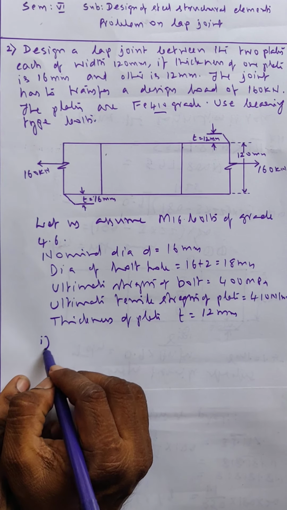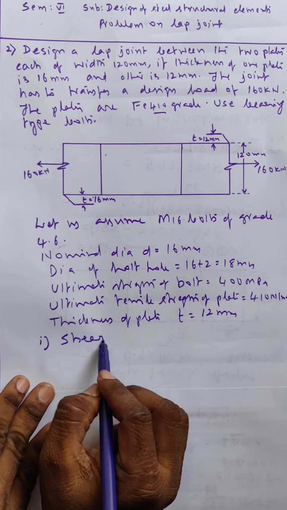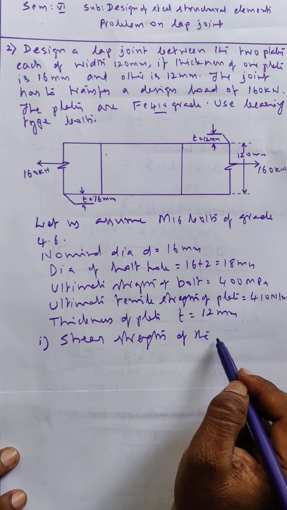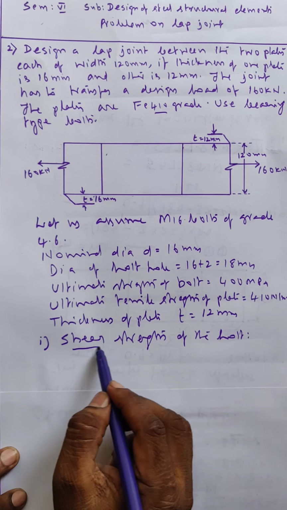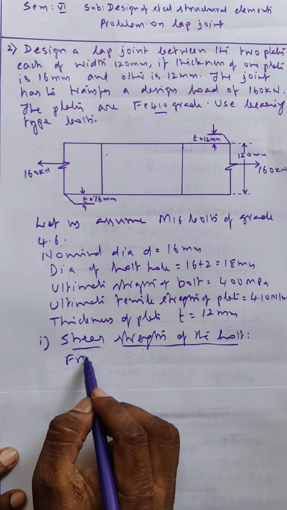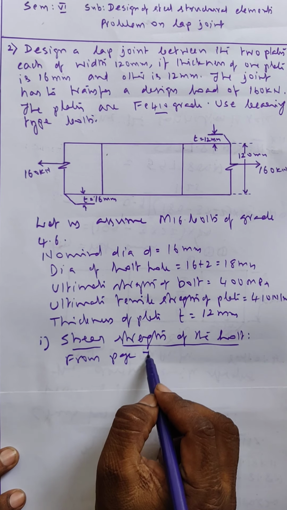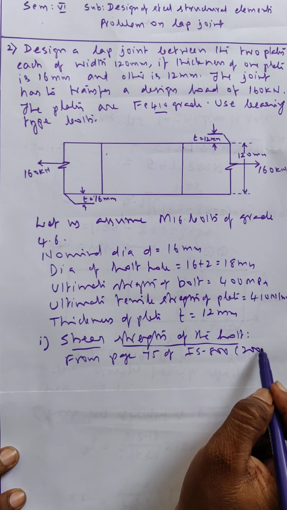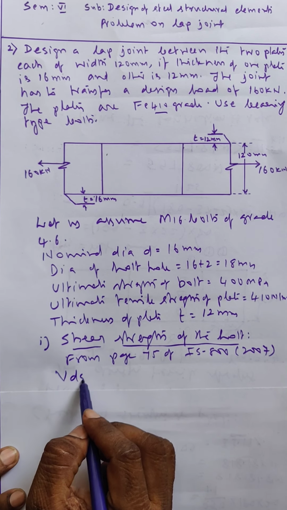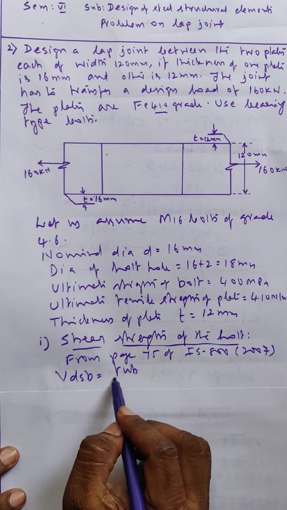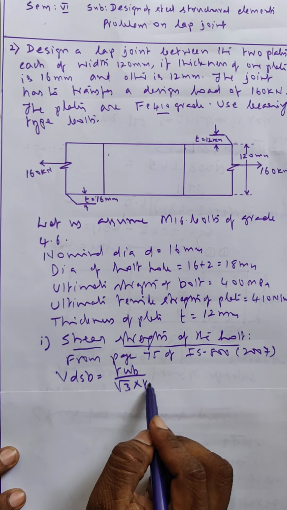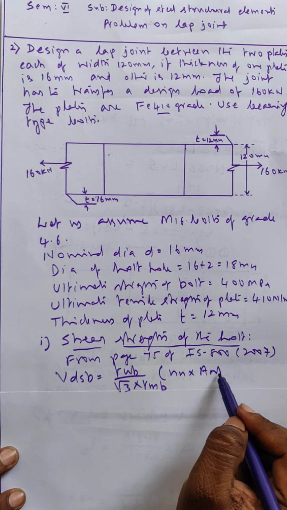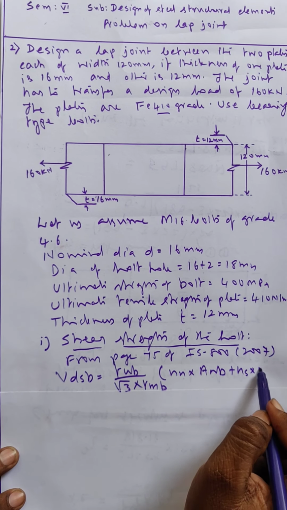First we will calculate the shear strength of the bolt. From page 75 of IS 800 2007, we have V_dsb equals f_ub divided by √3 gamma_mb into n_n A_nb plus n_s A_sb.